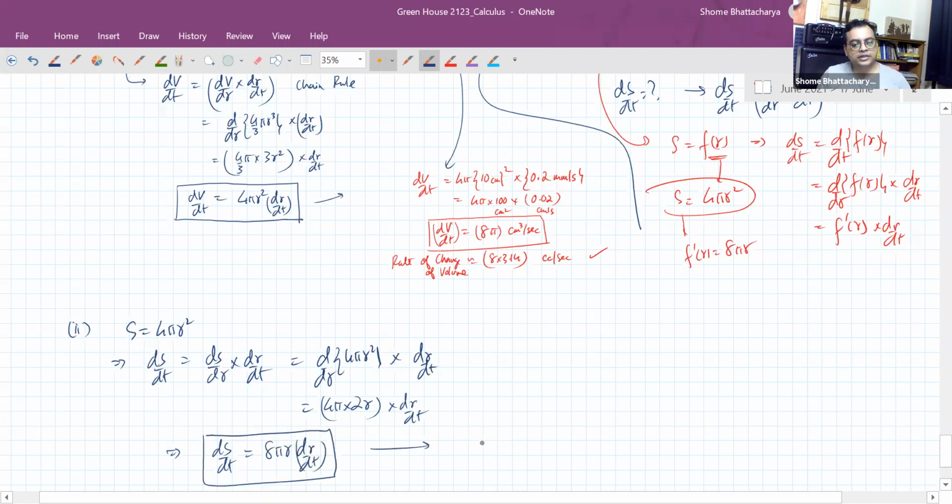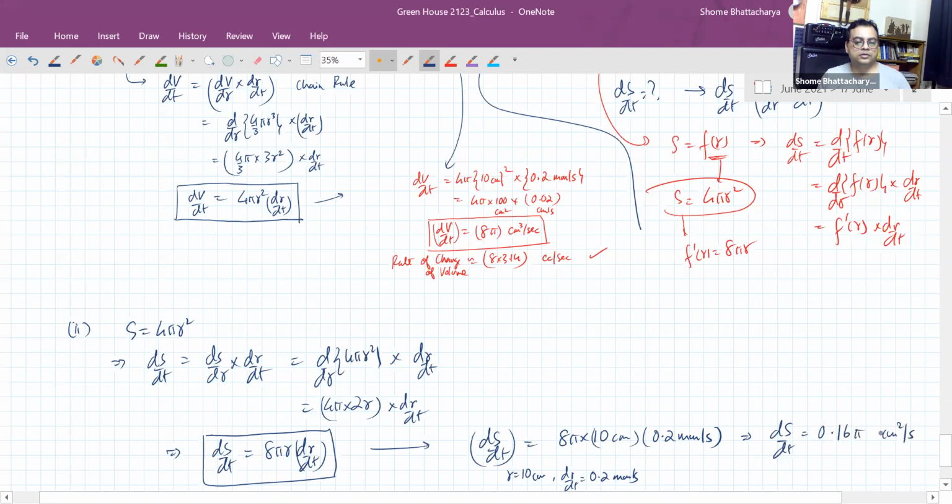Now we will calculate this rate at the instant when r was 10 centimeters and the rate of change of r was 0.2 millimeters per second. So this will become 8 pi into 10 centimeters into 0.2 millimeters per second. In centimeters square per second, it will become this much.